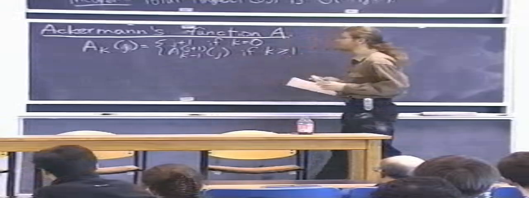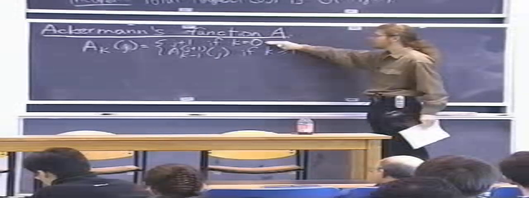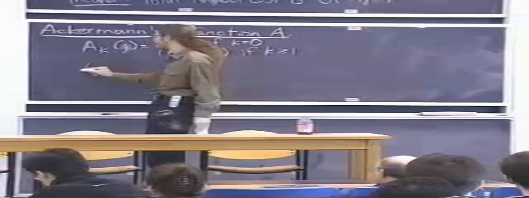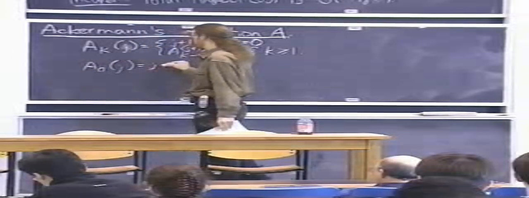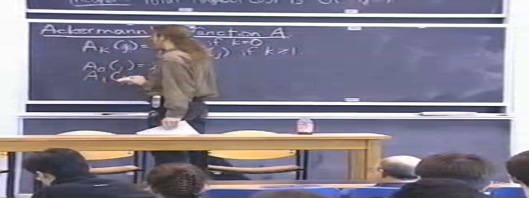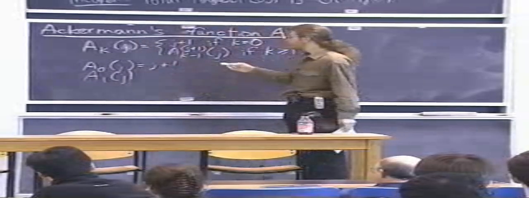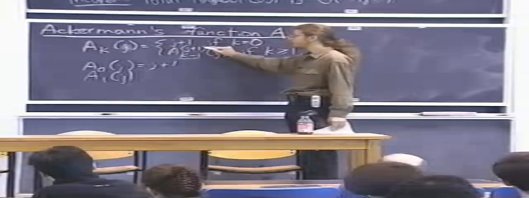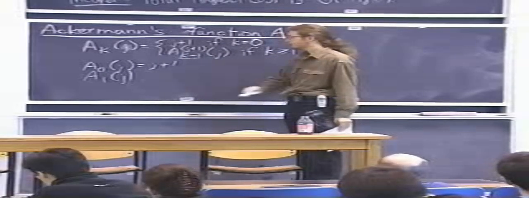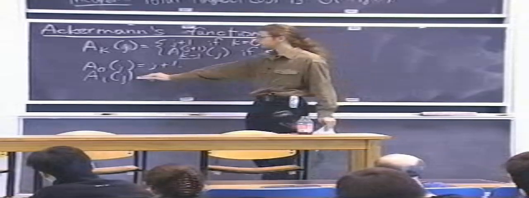Okay, so k and j are integers. A sub 0 of j is the increment function. A sub 1 of j says, well, I'll take the previous function, A sub k minus 1, and I'll iterate it j plus 1 times. So I'm going to take this function and do it j plus 1 times.